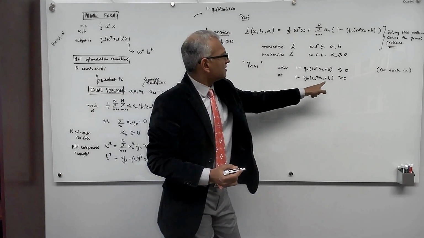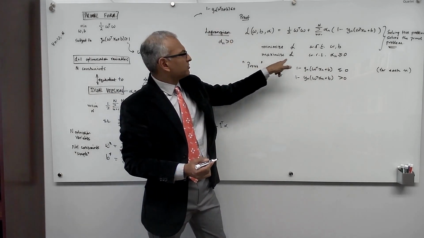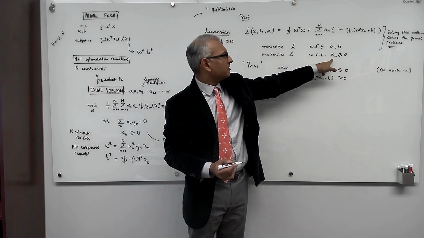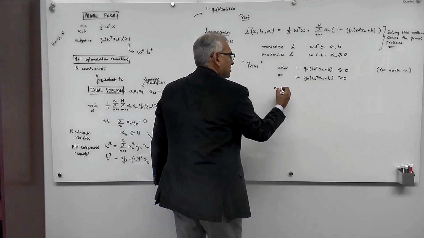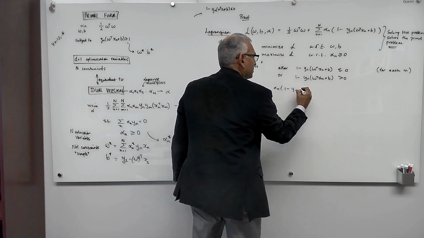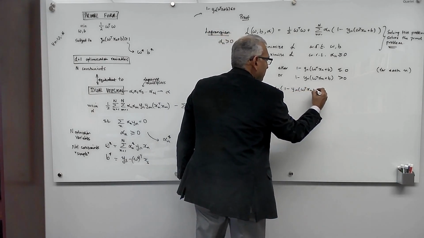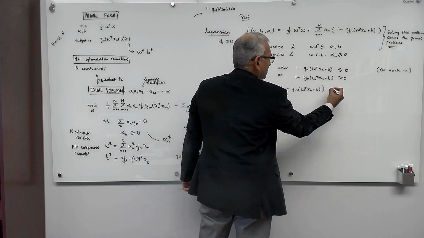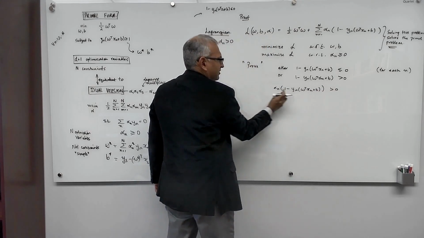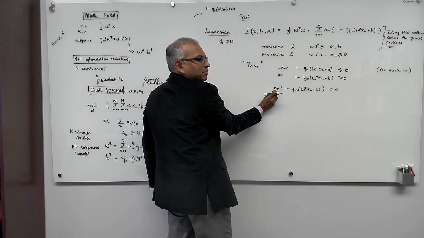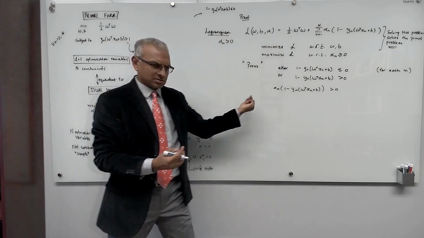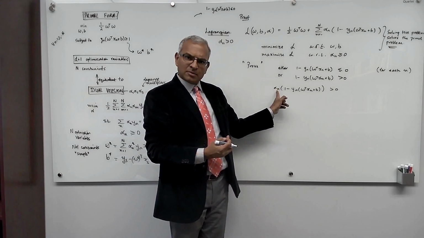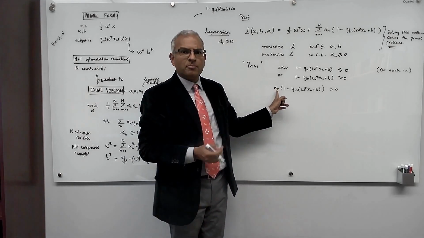If this is the case, remember I'm maximizing with respect to alpha n positive. So if this term is positive, then alpha n times (1 minus yn (W transpose xn plus b)) is positive, because this term is positive and alpha n is greater equal to 0, and I get to manipulate these guys in the optimization problem. The whole idea of an optimization problem is that I'm trying to find the alphas that perform this optimization.